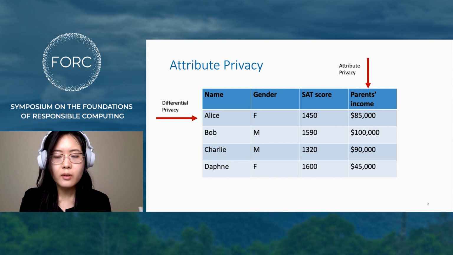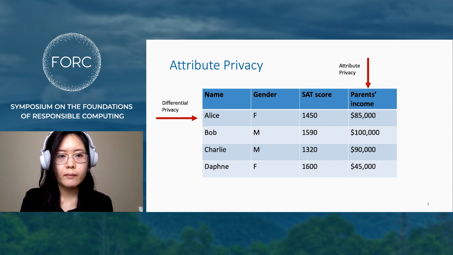In this example, the owner may wish to publish the average SAT score of its students, and let's assume that's non-sensitive information. However, we know that SAT scores are correlated with some sensitive attributes such as race, gender, and socioeconomic status. So even though the SAT score column is not sensitive, privacy protection is still needed to prevent leakage of these other attributes.